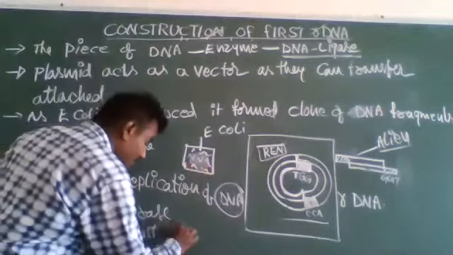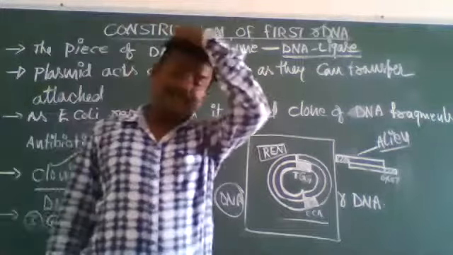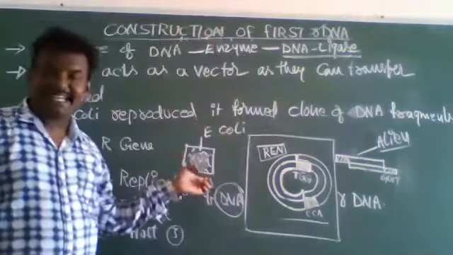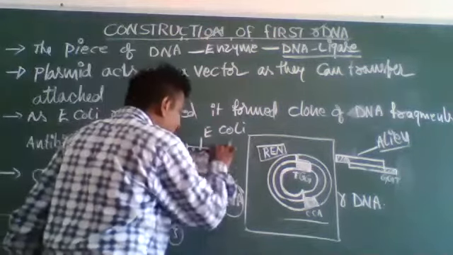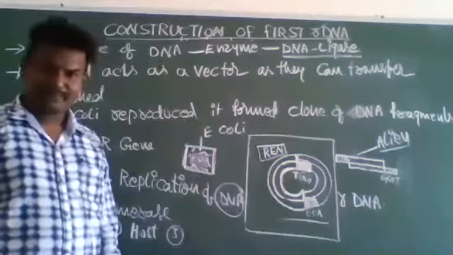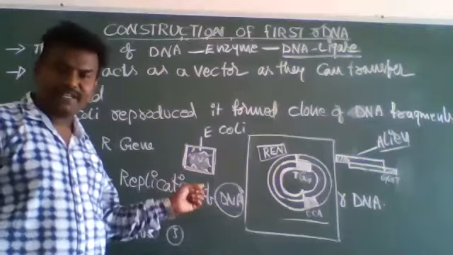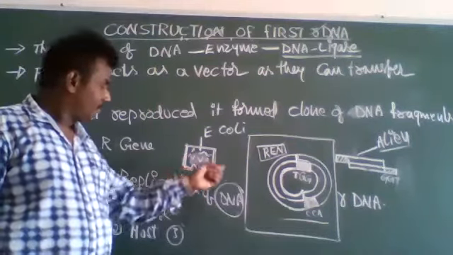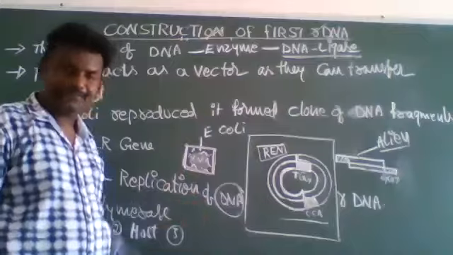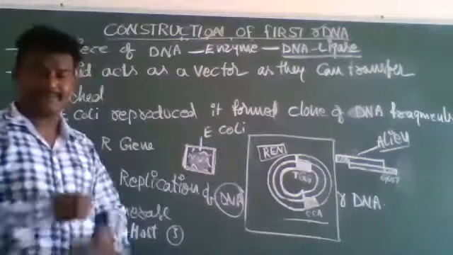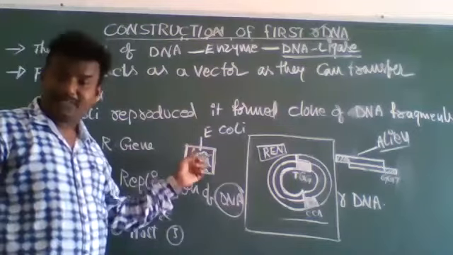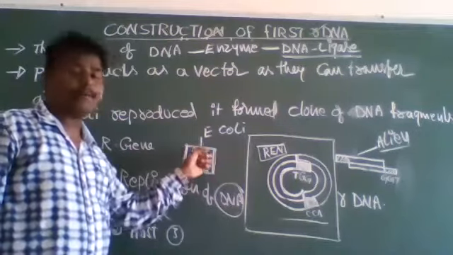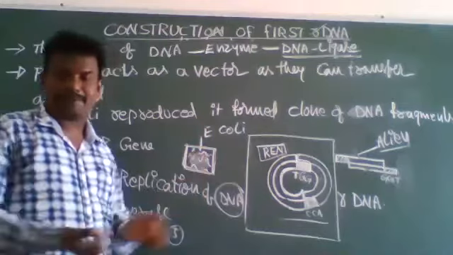Next, the third step, maintenance of the inserted DNA in the host organism. This E. coli we have to take care of. In this E. coli bacteria, the introduced DNA is multiplied.